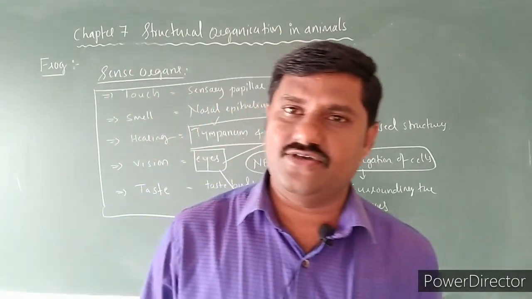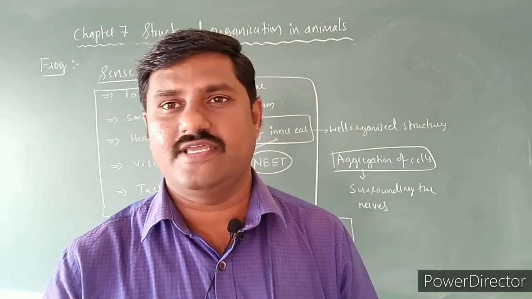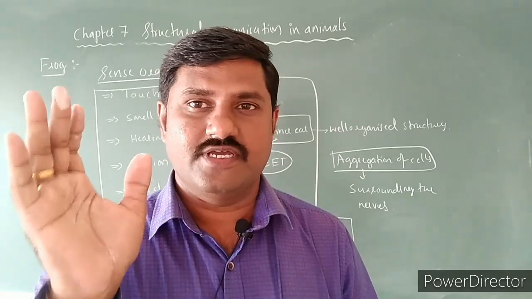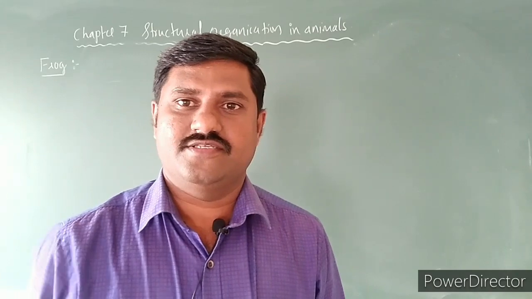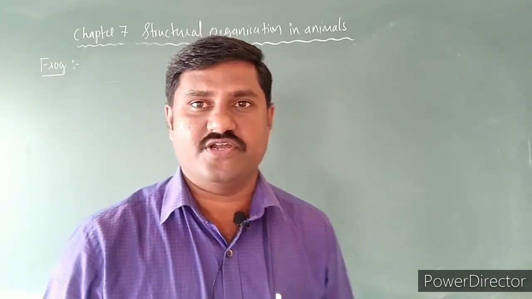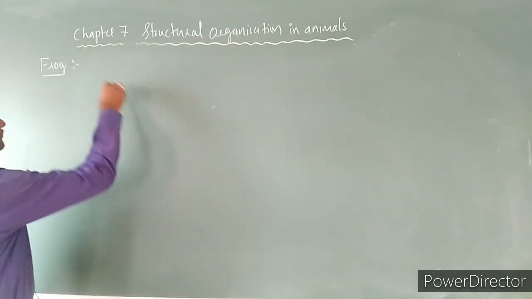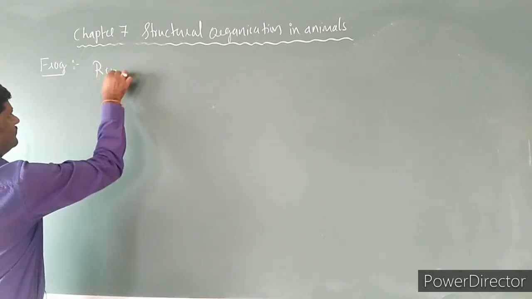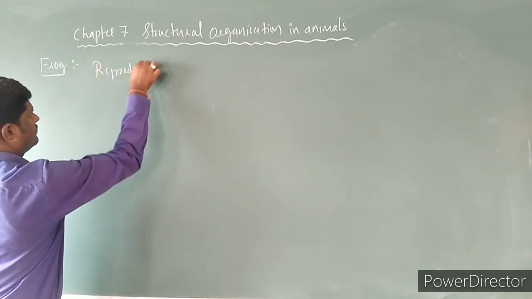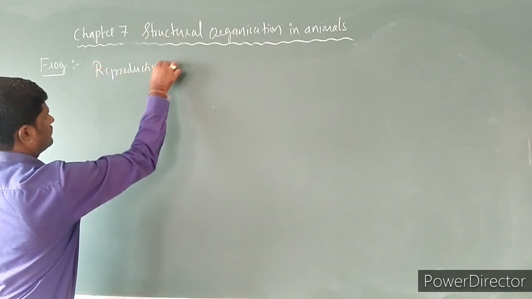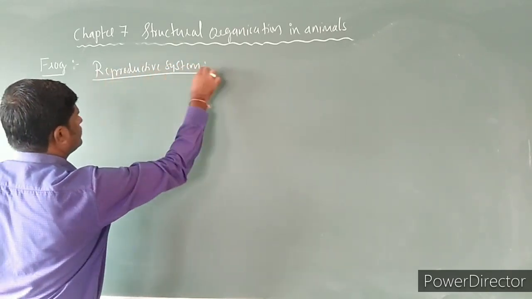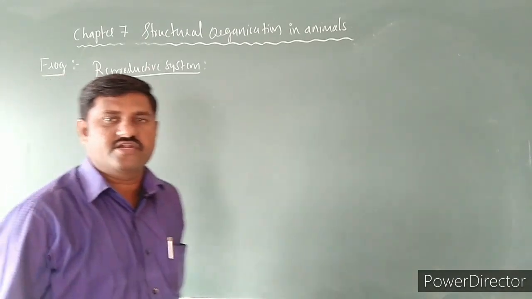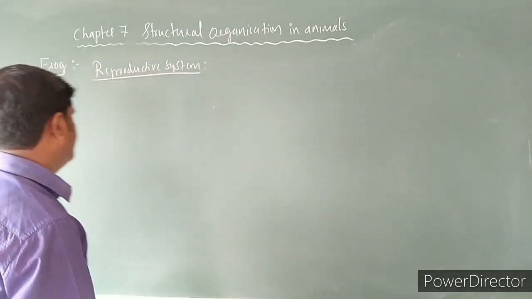So these are the sense organs that we come across in the frog. We shall start with the reproductive system of the frog. What does this reproductive system include?